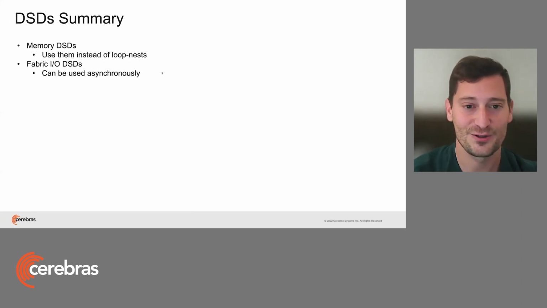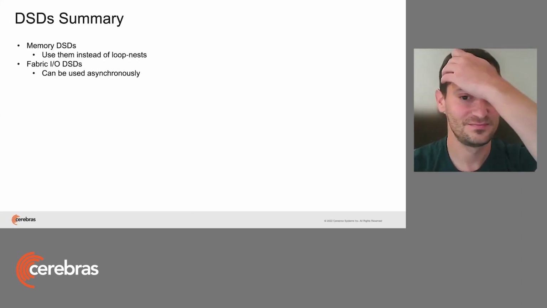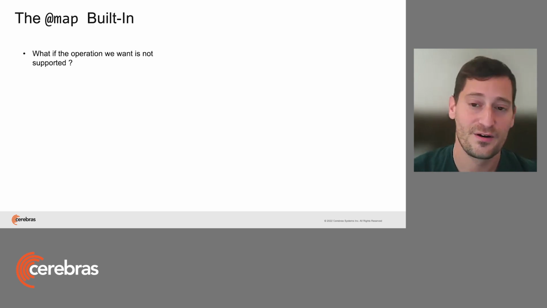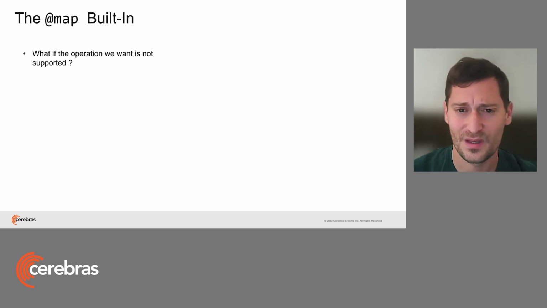Any other questions so far? Okay, so moving forward with another cool use case. As I explained earlier, DSDs can be used as operands to a specific list of operations.